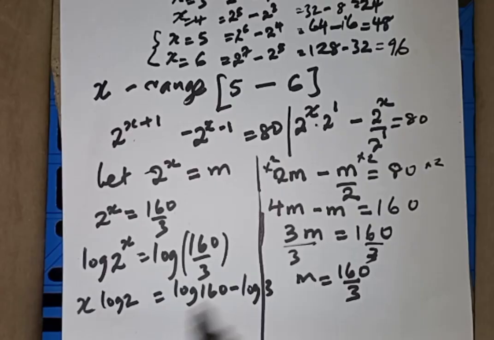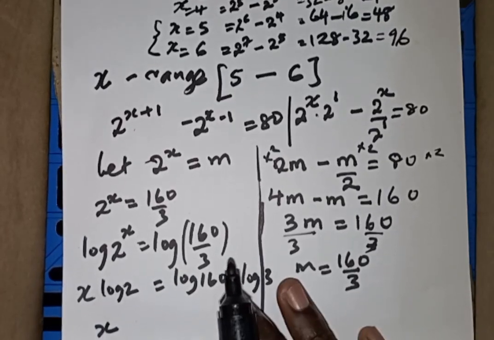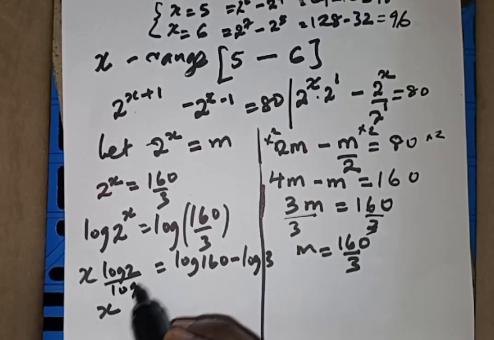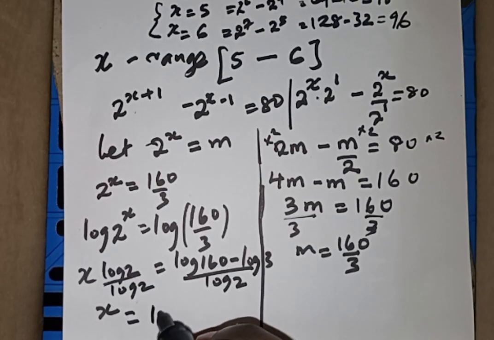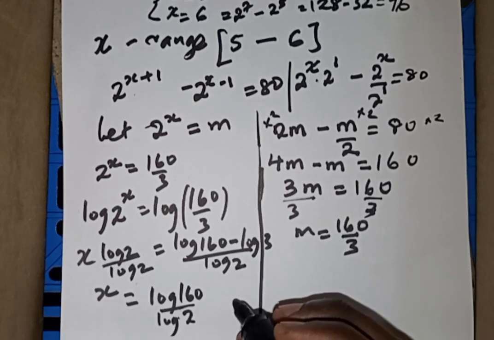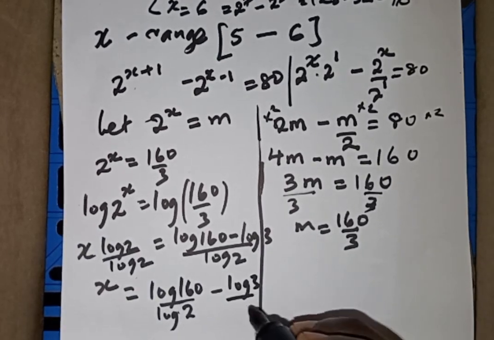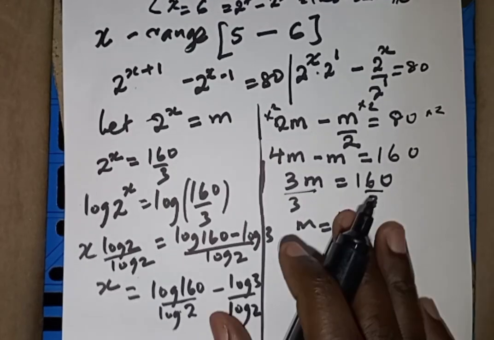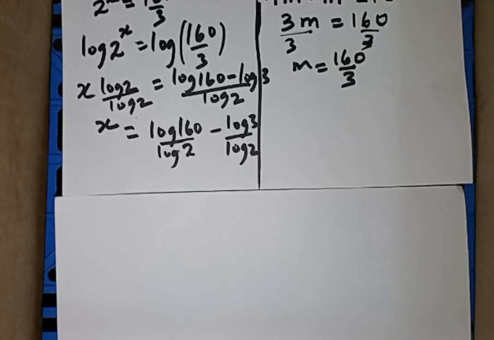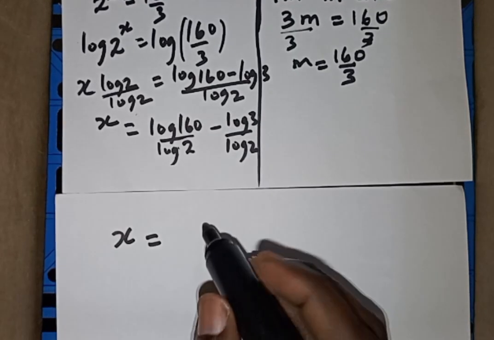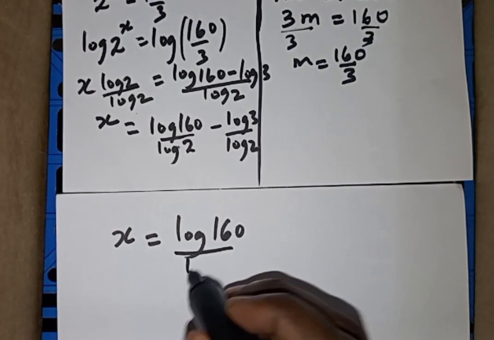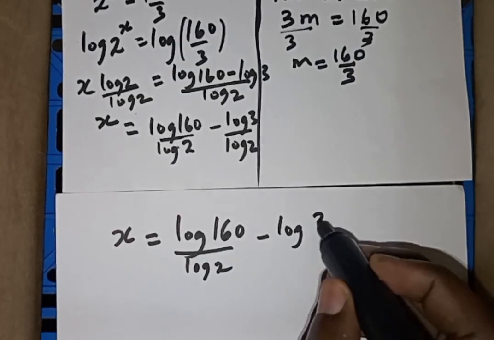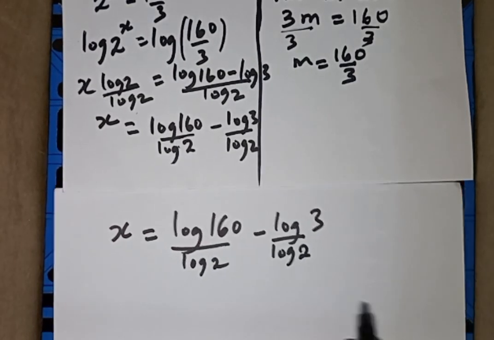So subtract log 3, and I'm going to divide all through by log 2, so that x becomes the log of 160 divided by log 2 minus log 3 divided by log 2.